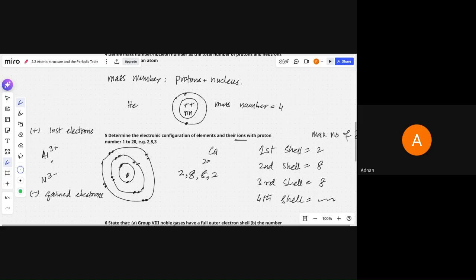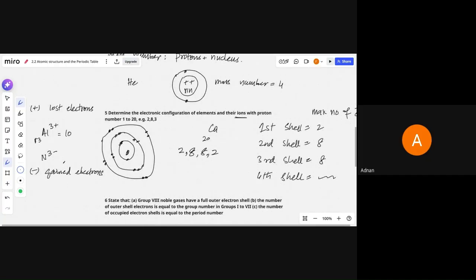Normally, how many electrons are there in aluminum? If you look at the periodic table, you will find the atomic number, which is 13. So in a neutral aluminum atom, we have 13 electrons. But since there's a charge of 3 plus, it has lost 3, so now we have 10 electrons in this aluminum ion.